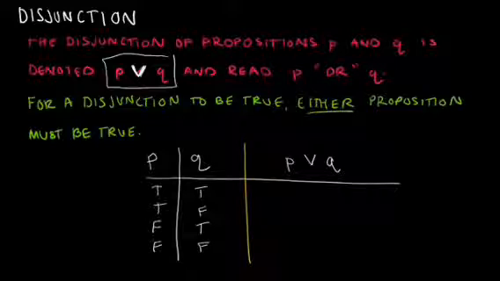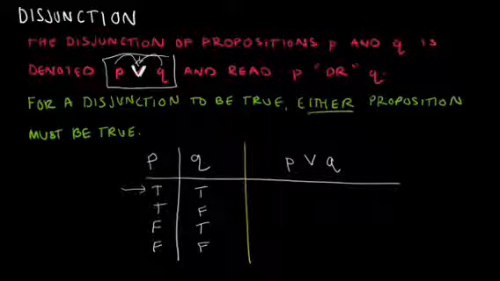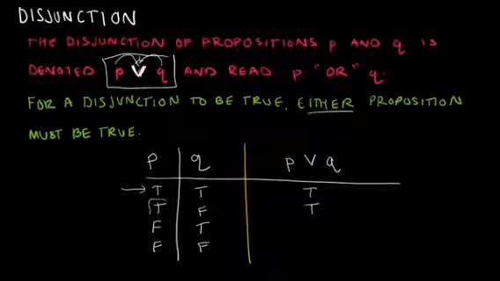And again, I think of a disjunction, or the or, as being a cup. So if you can put anything in the cup, if either one is true, then the result is true. So if P is true and Q is true, then P or Q is true because either one of them is true. If P is true but Q is false, P or Q is still true because P was true.